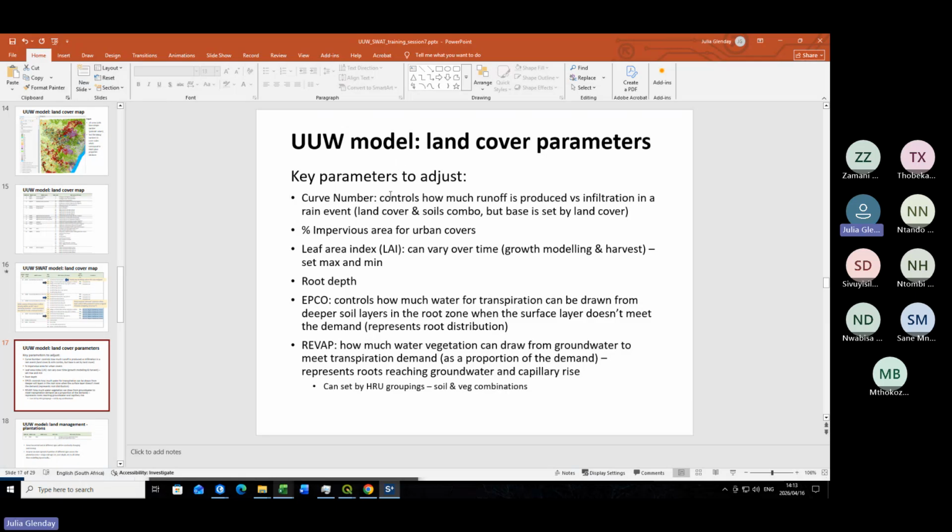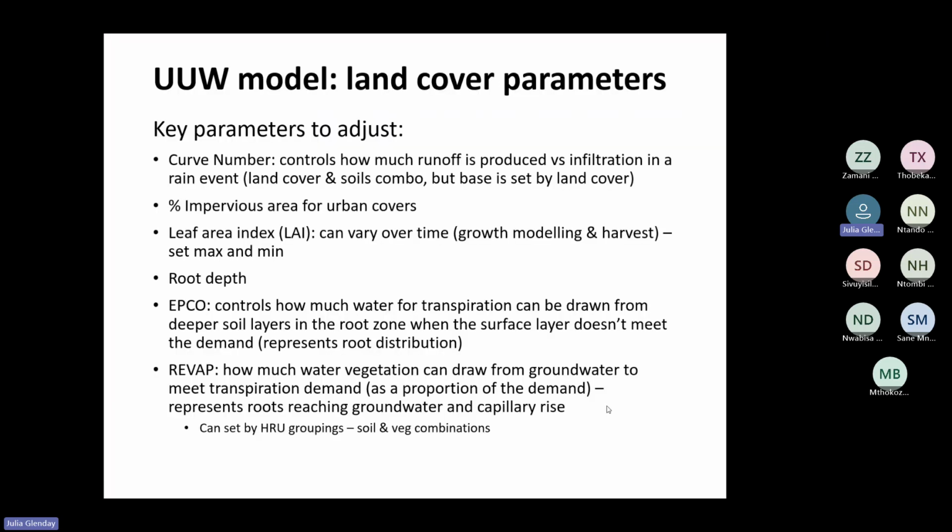So, to come back to setting up the land cover types in the model, there are the hydrological parameters that I mentioned for just getting the flow off the landscape right. So the curve number, percent impervious area, leaf area index, root depth, and then how the roots can access the subsurface water within that depth that I mentioned before.